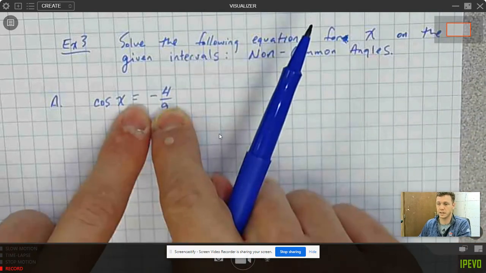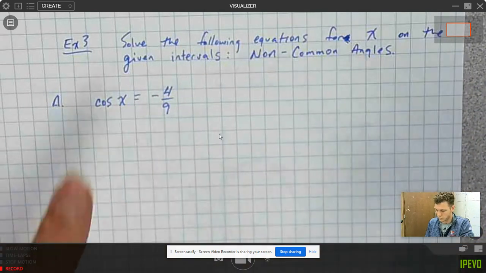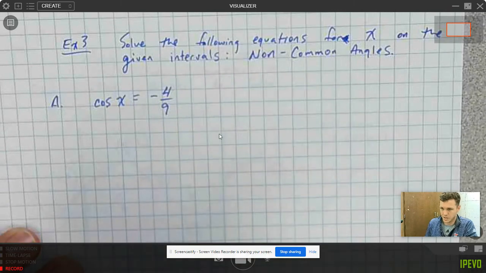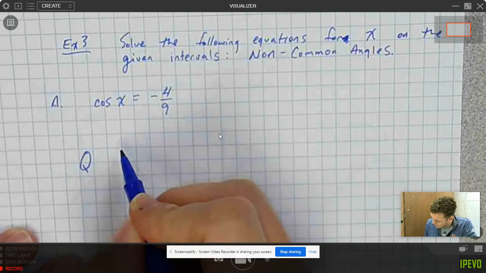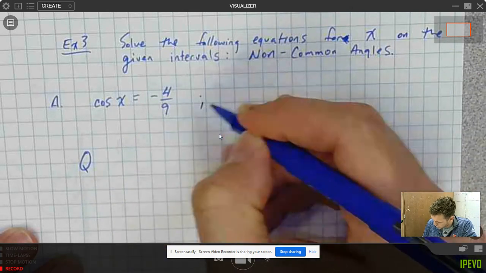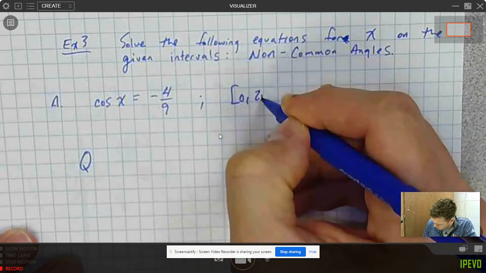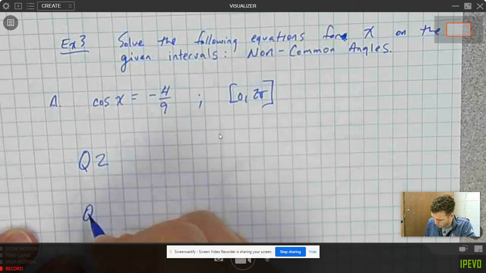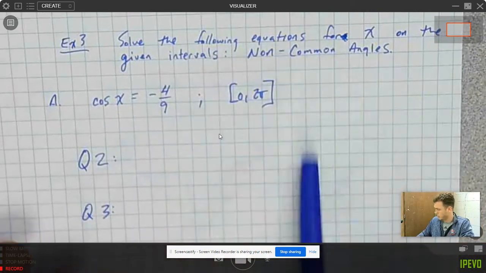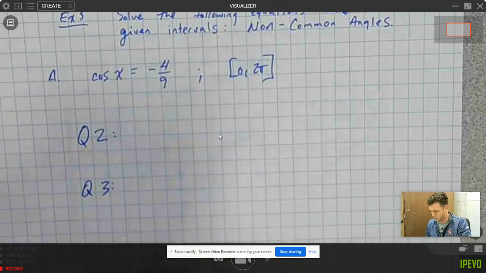Okay, so what I'm going to do is I'm going to pull up my Desmos, my little calculator here. Okay, so basically to solve, we would do just like we would with a fraction, like if we were solving a right triangle for an angle.